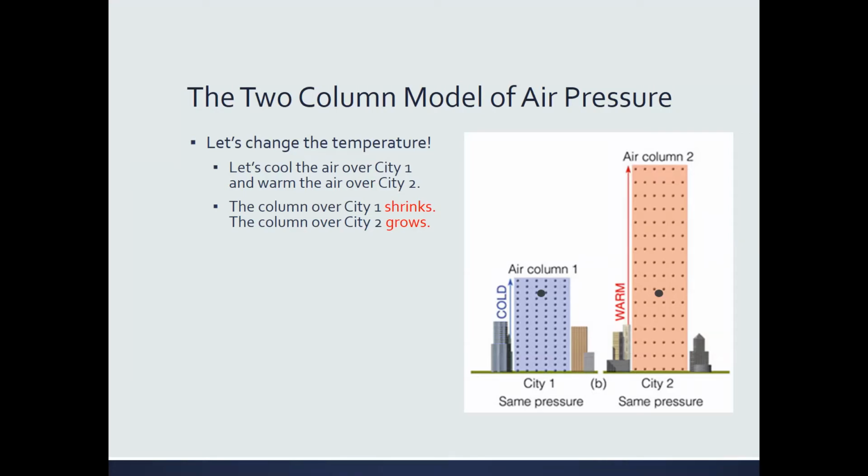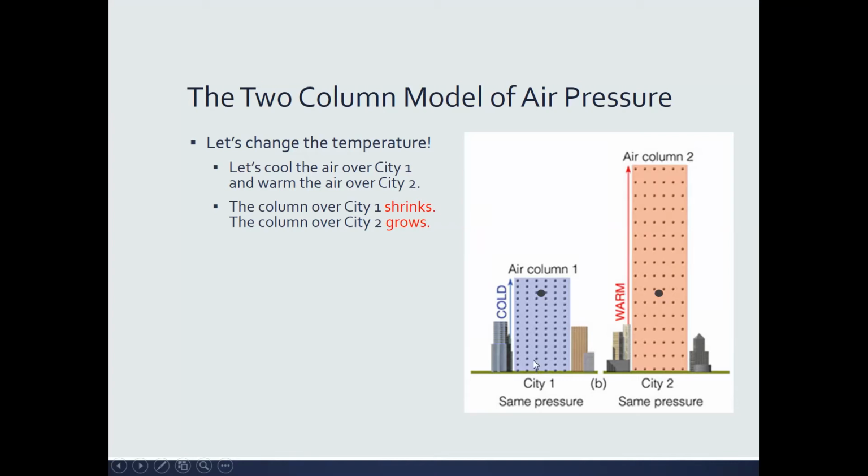Now, at the surface of the Earth, you still have the same number of air molecules above you in either column.